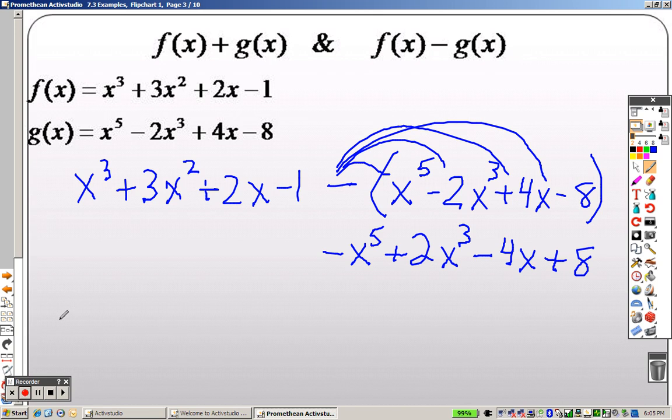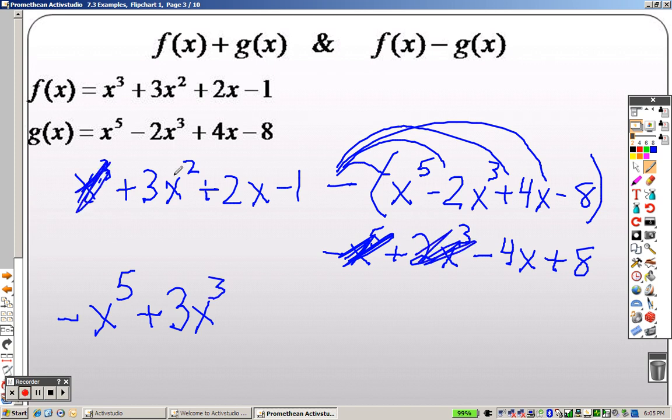Now any x's to the fifth, just that, negative x to the fifth, so no others. Now I have an x cubed and 2x's cubed, so I have positive 3x's cubed, and no more. No other x squared, so it's positive 3x squared.